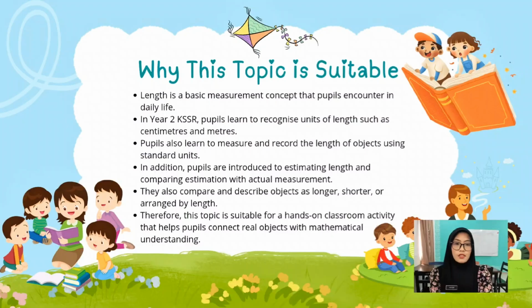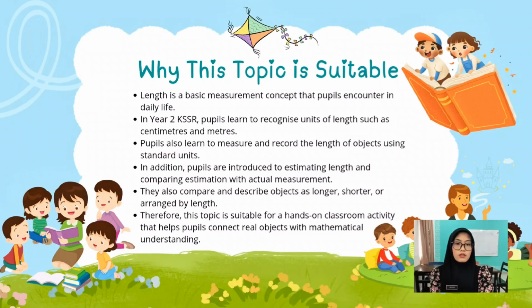Why is this topic suitable? Length is a fundamental measurement concept that pupils encounter in their daily lives. For example, pupils naturally compare the length of pencils, books, and tables in their environments. In Year 2 KSSR, pupils learn to recognize units such as centimeters and meters, and measure objects using standard units.